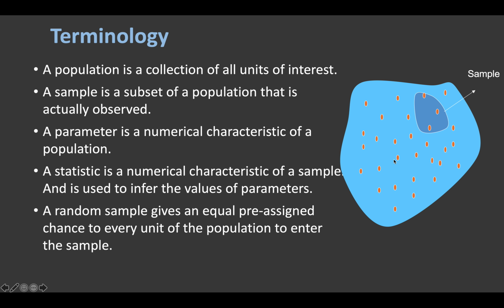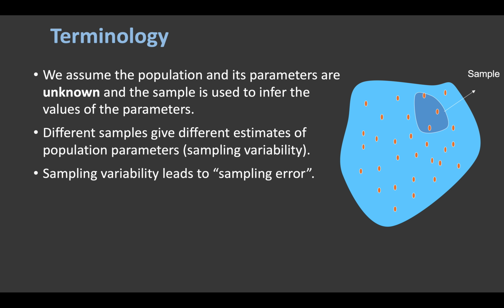Basically, a sample doesn't mean a random sample. There are more strict rules to follow to get a random sample. We assume the population and its parameters are unknown, and the sample is used to infer the value of the parameters. That's why we use a sample.